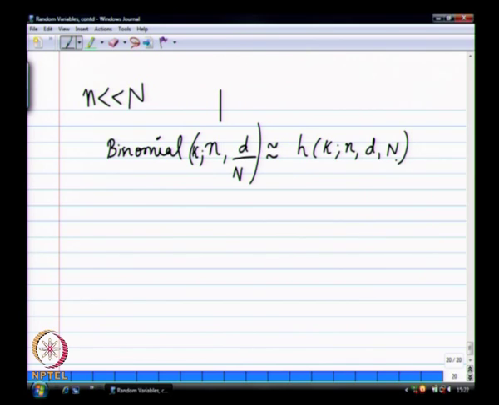So you can use the binomial as a shortcut instead of using this other one. That's it.